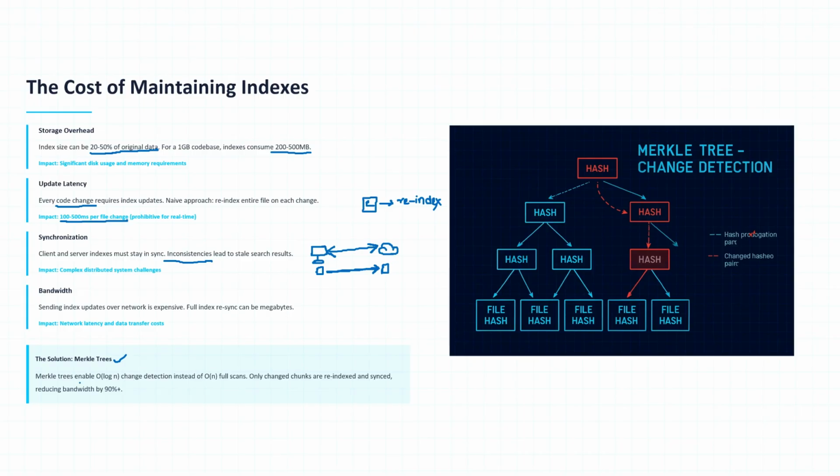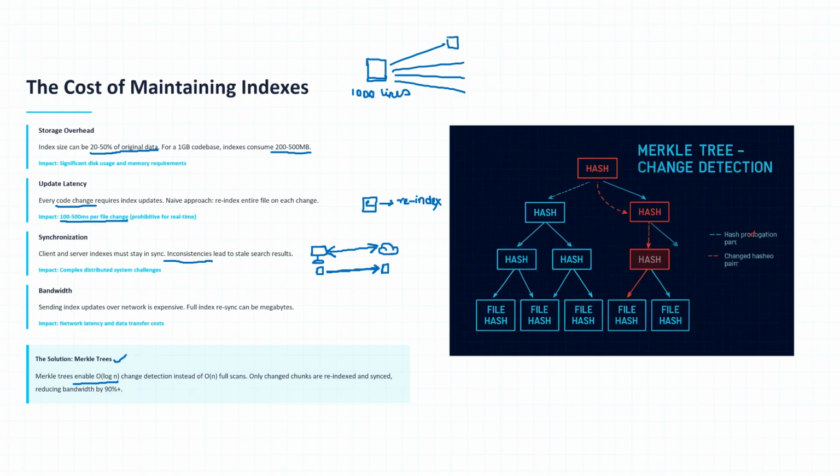Now, Merkle trees enable log n change detection instead of complete n full scans over the file. So, which means if I have a code base that is, let's say, 1000 lines long, I first break it into multiple chunks.